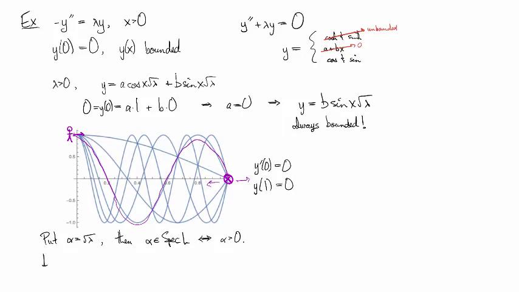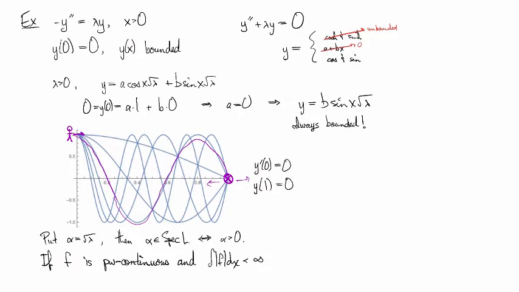Okay, so now if f is piecewise continuous and absolutely integrable, so if its tails die off fast enough for this integral to converge, piecewise continuous is enough for it to be defined, at least formally. Whether or not the limit exists as we go out to infinity, that's another question. Then we can define the Fourier sine transform.